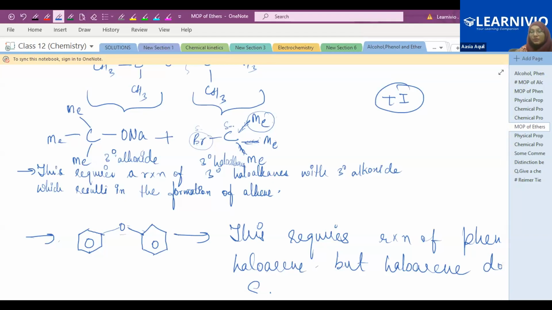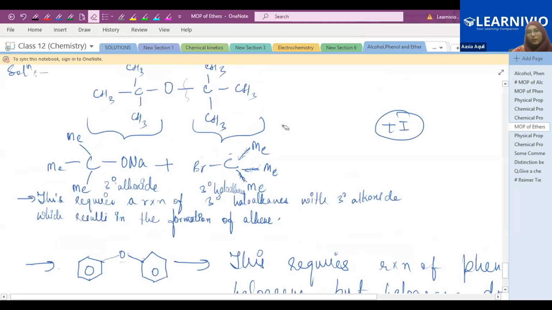So due to that bulky group, it hinders the reaction. यहाँ पे nucleophilic substitution reaction won't take place. Instead, elimination reaction takes place, and you will not get the desired product. You will not get the ether. You will get the ether plus your alkene, right? You will get a mixture.